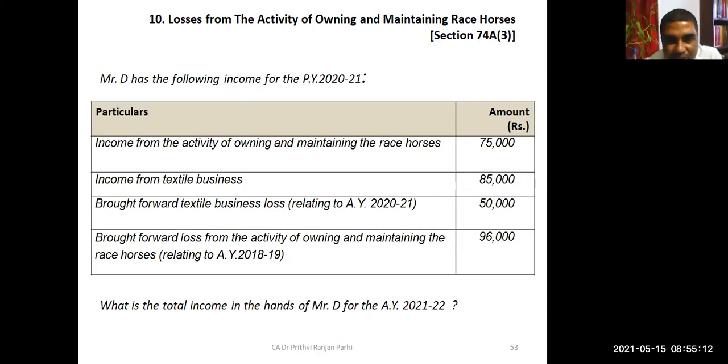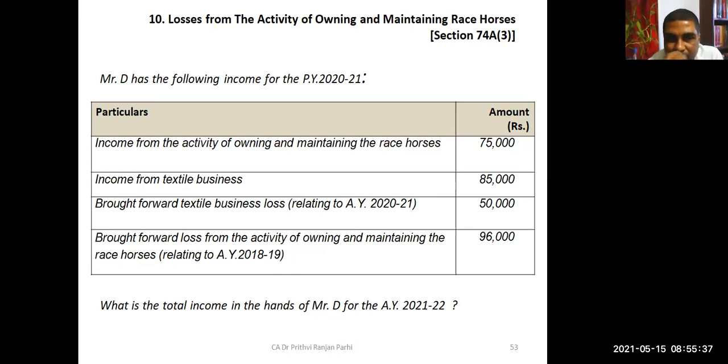Now you see there is a brought forward loss from the business of owning and maintaining race horses. How much is it? 96,000. This loss can be set off against which profit? Can this 96,000 be set off against any profit, any income?